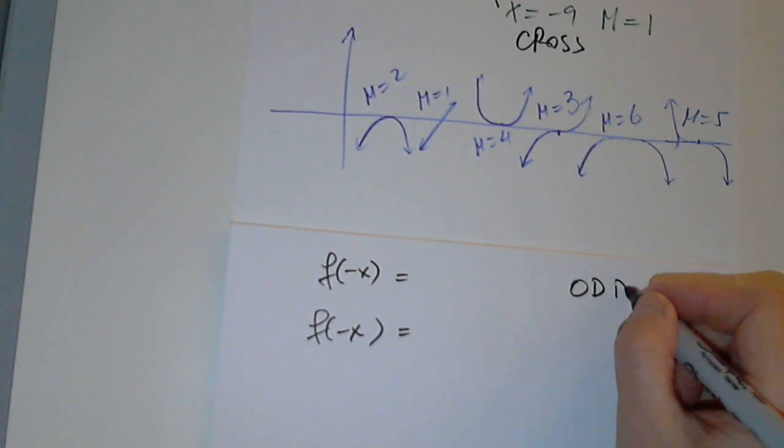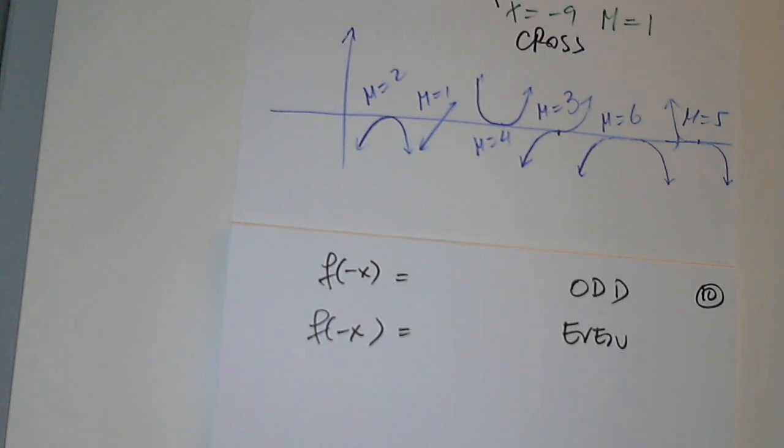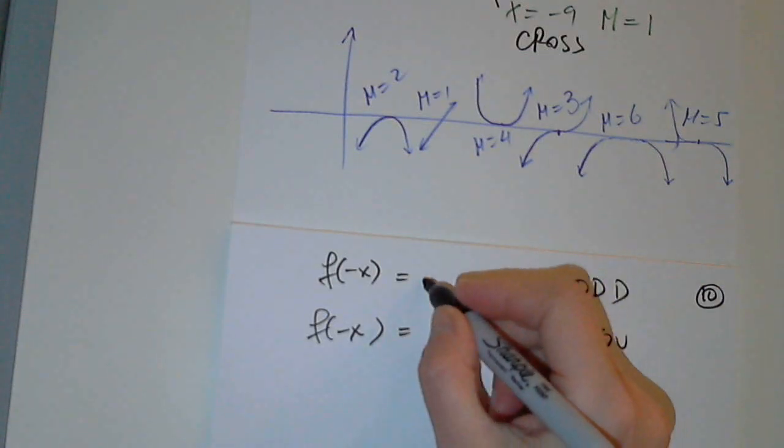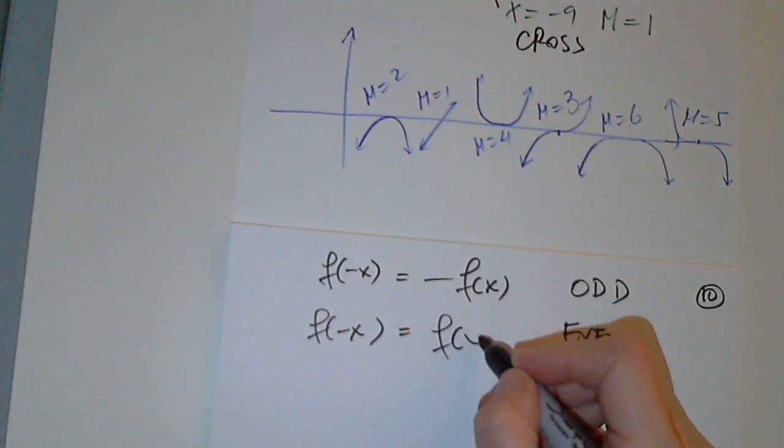For a function to be odd, if you don't remember, I'll show: f of -x equals what? -f of x. Thank you very much. And for an even function, f of -x equals f of x. That's it.